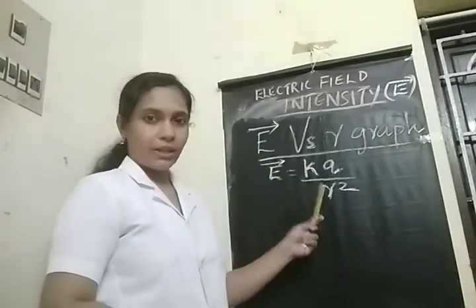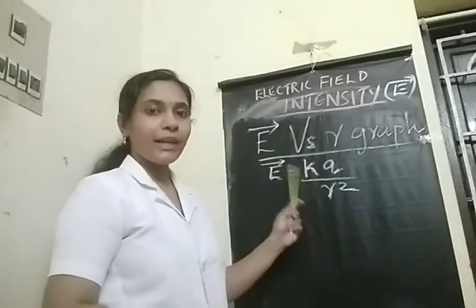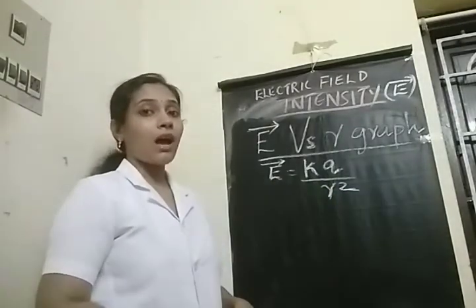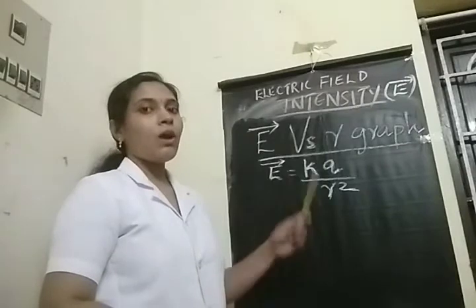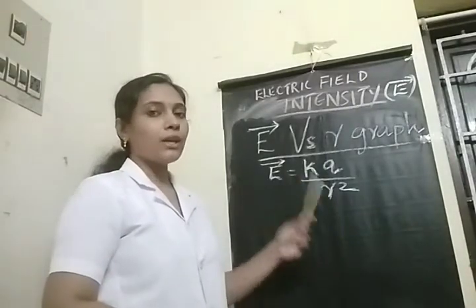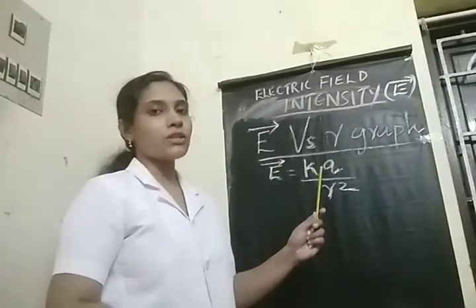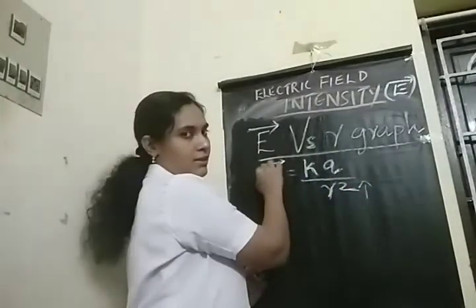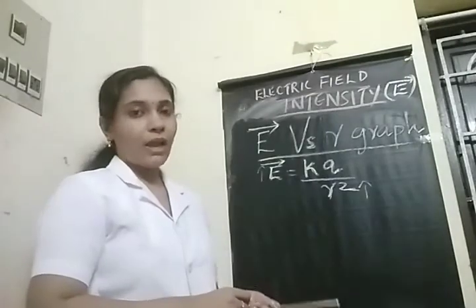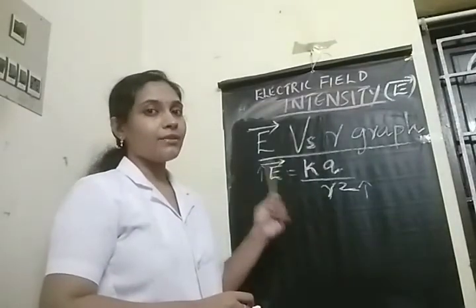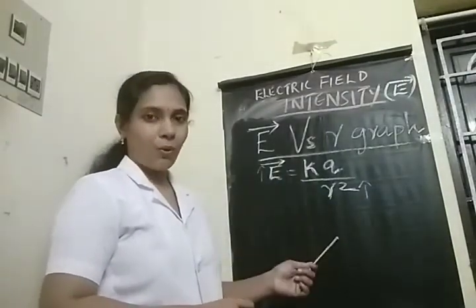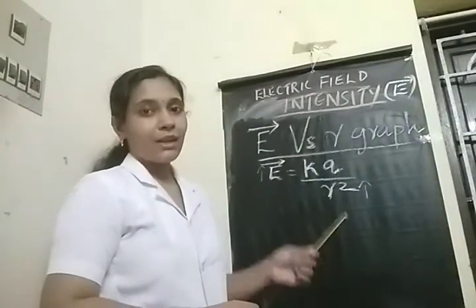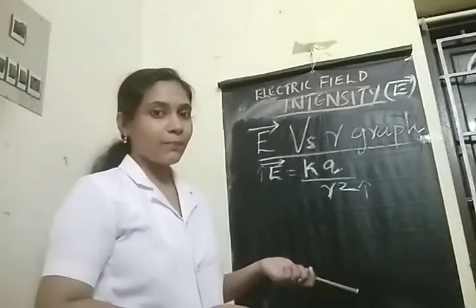From this expression, it's very clear that electric field intensity is inversely proportional to r². So, as the distance of the test charge from the source charge increases, electric field intensity decreases rapidly. But electric field can never be zero because the range of electric field extends up to infinity. It will decrease, but it can never be zero.